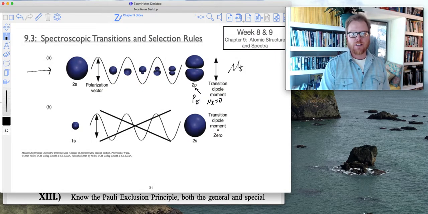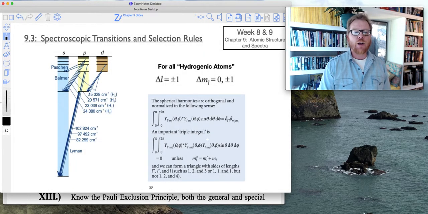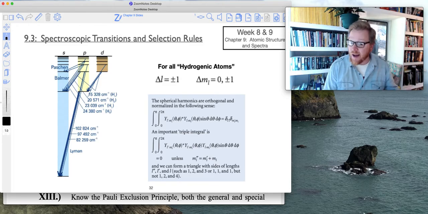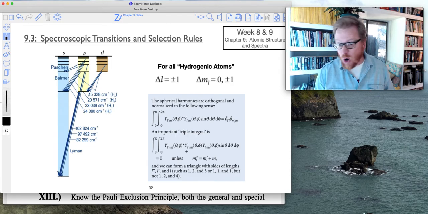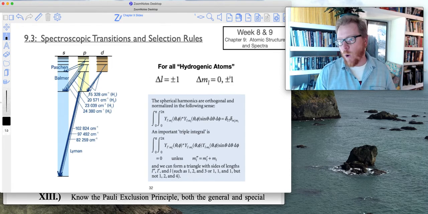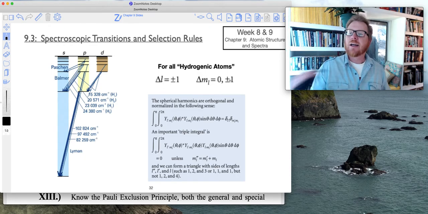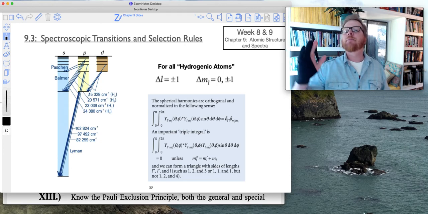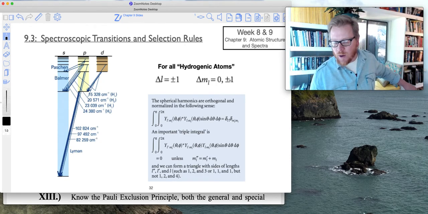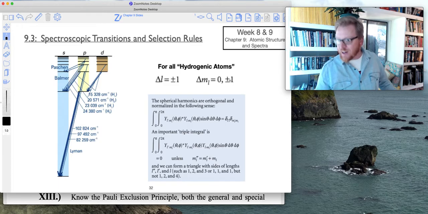So moving forward. So we talked about this picture right here. I'm not going to go into this in hideous detail, but I showed to you where this delta L plus or minus 1 and delta ML equals 0 or plus or minus 1 comes from. So for the ML equals 0 or plus or minus 1, we have to transition from like orientations, right? So from a pz to a dz, right?